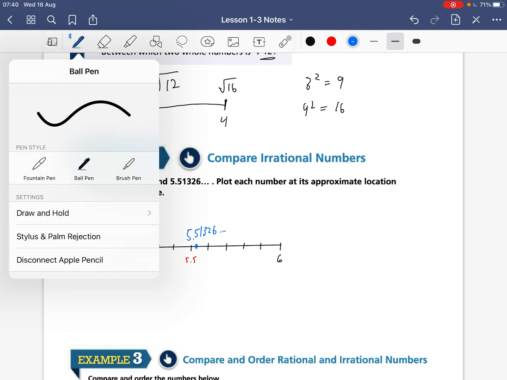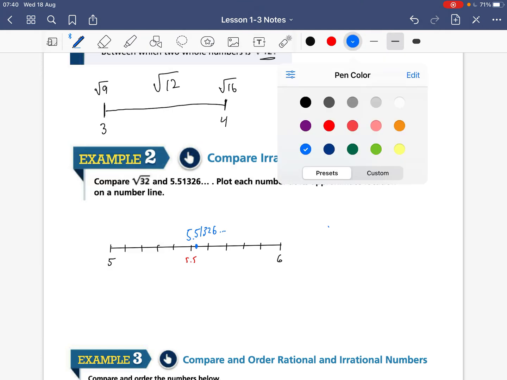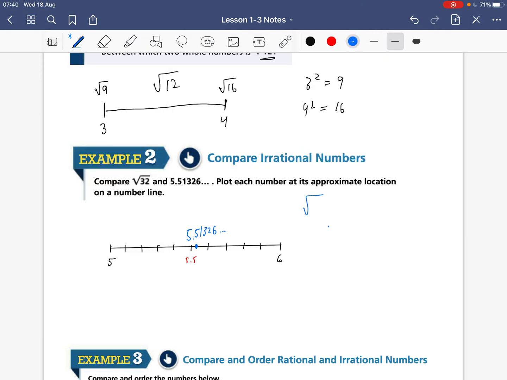So now we need to approximate the square root of 32. Square root of 32 is approximately equal to, well, let's try a number that's bigger than 5.5. Let's try 5.6. So 5.6 times 5.6 would be 36, 33, 30, and 25, and 28.